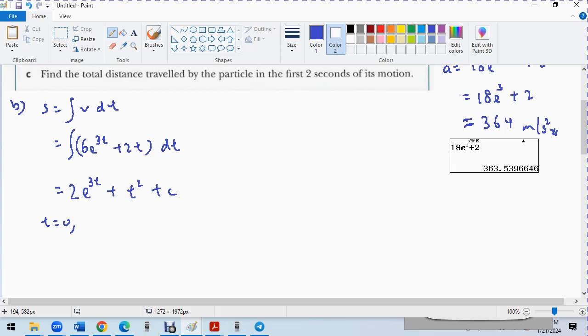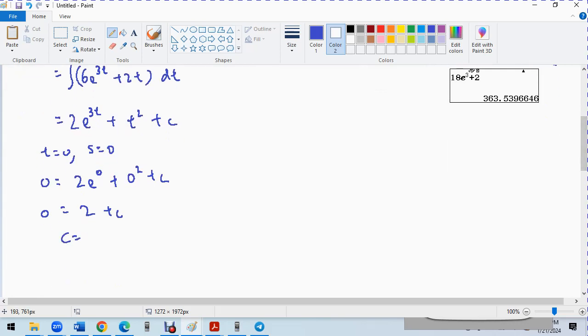So t equal to 0, s equal to 0. So we have 0 equal to 2e^0 plus 0 squared plus c. So 2e^0 is actually 2, plus c equals 0. So the c equals minus 2. Therefore, the s is 2e^(3t) plus t squared minus 2.